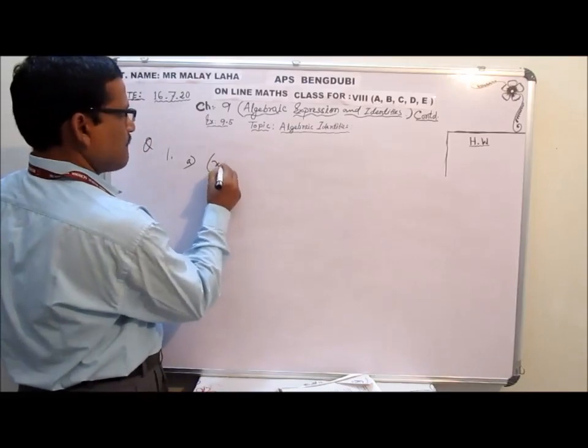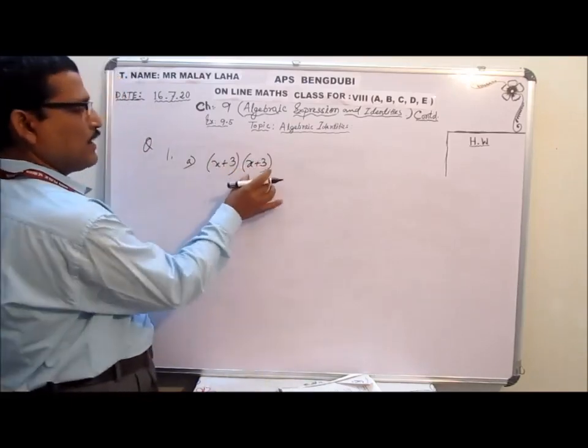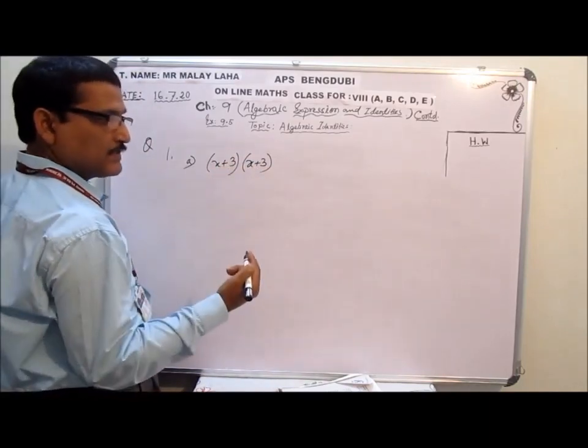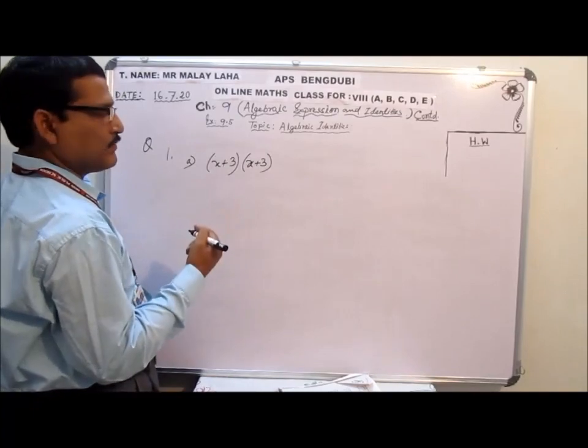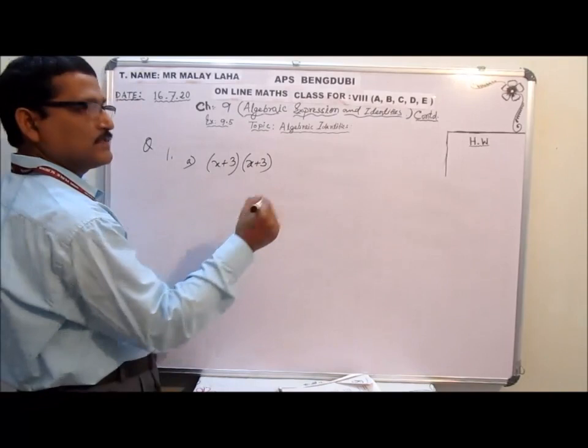x plus 3, x plus 3. Earlier what we did, one part we keep fixed, another part we split. But here it says we will not follow the proper multiplication. You have to follow the identity and calculate it.